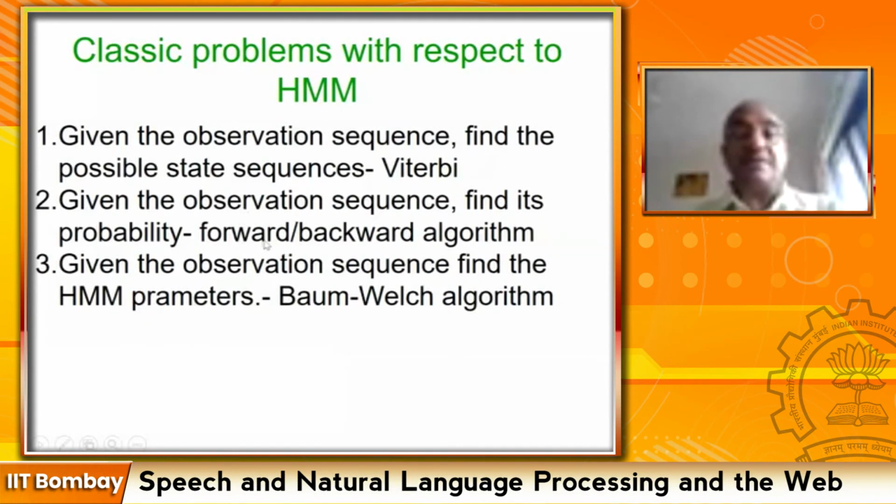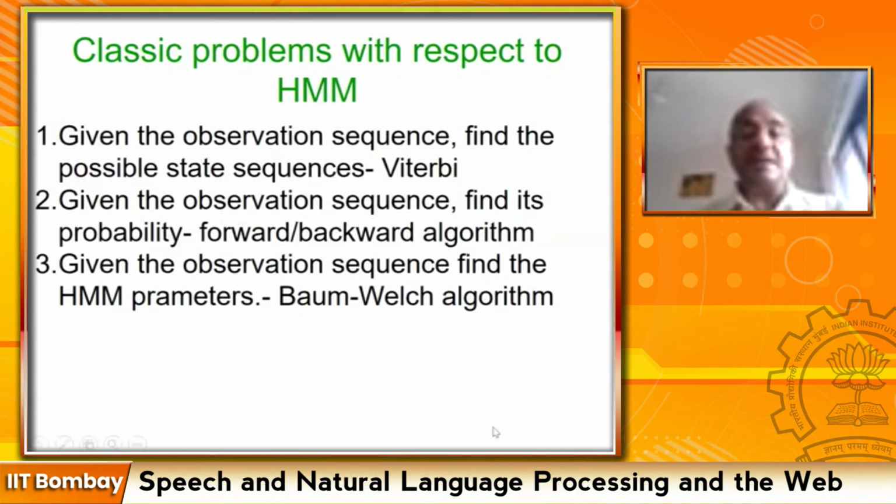These three questions have many extremely useful applications. The first question gives you a way of solving part of speech tagging, named entity recognition, word sense disambiguation, any kind of sequence labeling task. The second question gives you the probability of a sequence of entities. In particular, if the sequence of entities is a sequence of words, then this solves what is called the language modeling problem: what is the probability of a sequence of words?